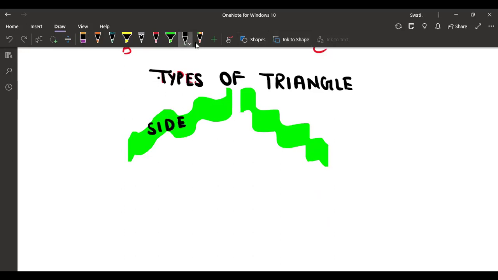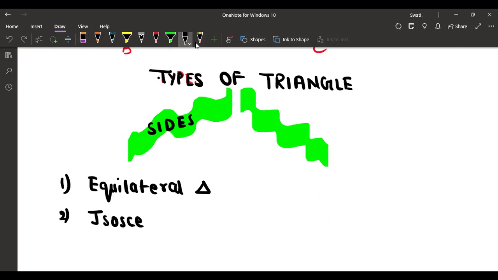So on the basis of sides, we have three types of triangle. One is called equilateral. Do you know what an equilateral triangle is? Those triangles which have all sides equal. All sides are equal, that is correct. Next is the isosceles triangle. Because this is on the basis of sides, all the definitions here will be on the basis of sides, right?